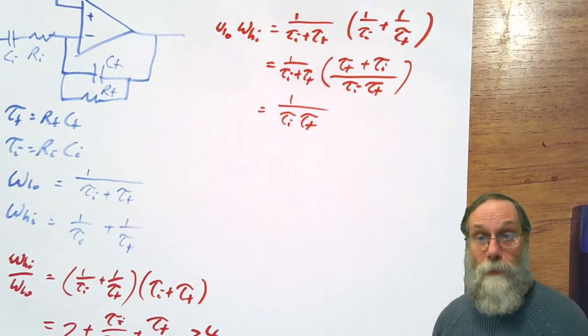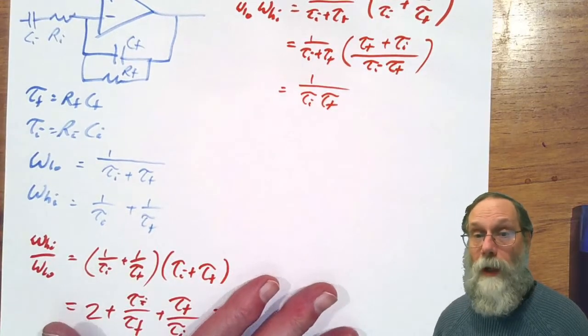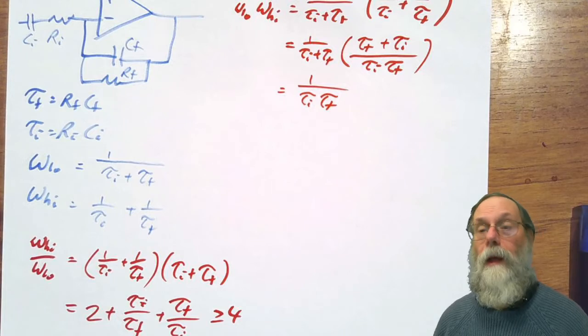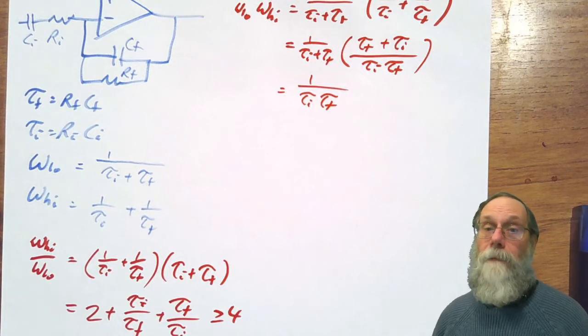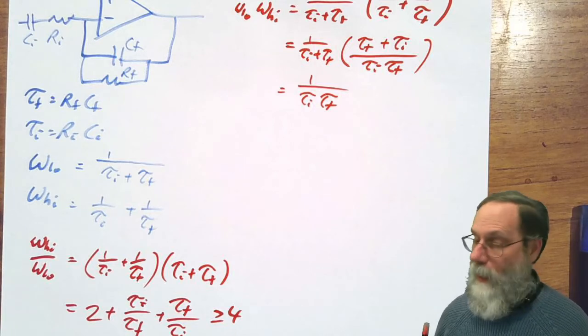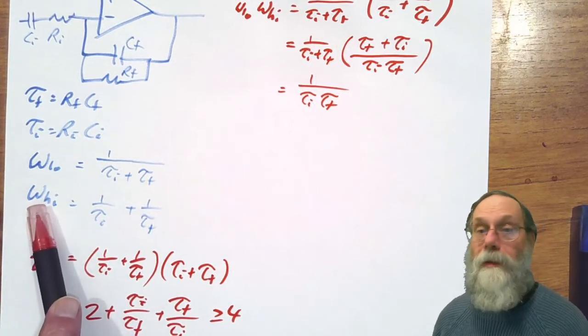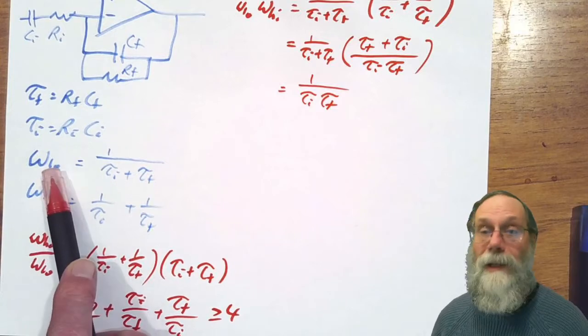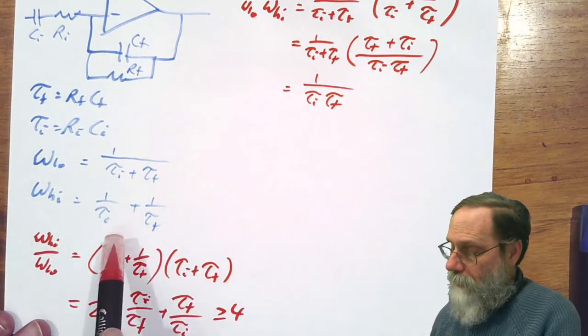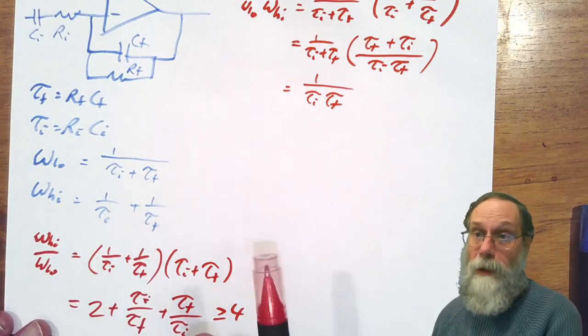It allows us to do some easy ways to set omega low and omega high. For example, if the ratio of the two is very large, so we have a huge omega high and a tiny omega low, so we've got a wide bandpass filter, then we can say, well, one of these time constants is going to be big and one's going to be small.